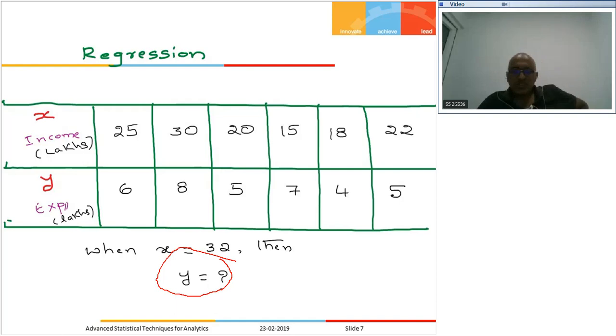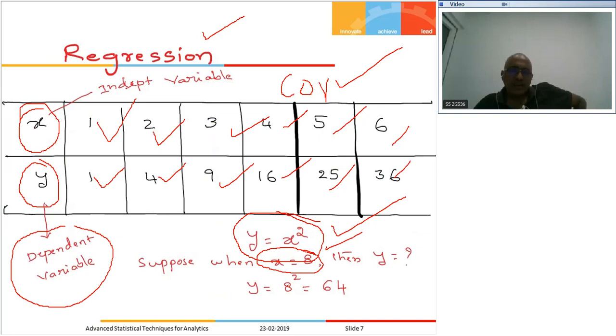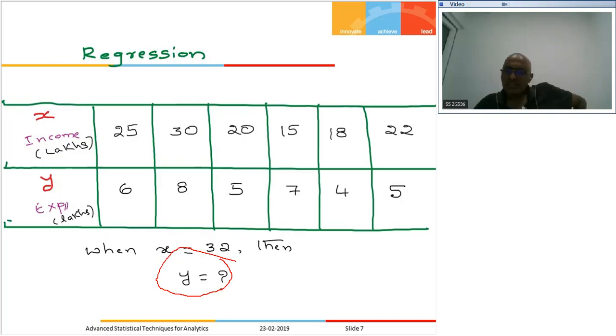Okay. What is the process that you apply to arrive at some value like 8 or 9? 8.5 or 9. So what is the difference between this and this expression?